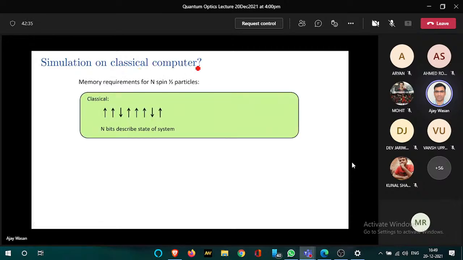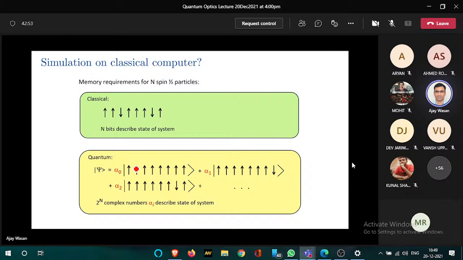Then simulation on a classical computer. Memory requirements for n spin half particles I'm showing here. In a classical computer, n bits describe the state of the system. So here I'm showing some up, down. But in the quantum computer, things come like this. Suppose here we have taken 1, 2, 3, 4, 5, 6, 7, 8. I have taken the electron.